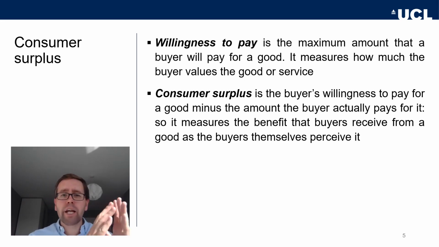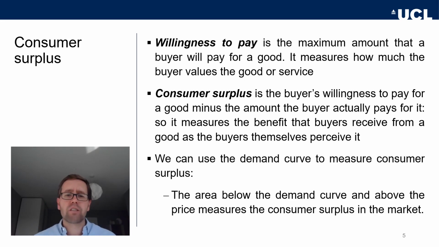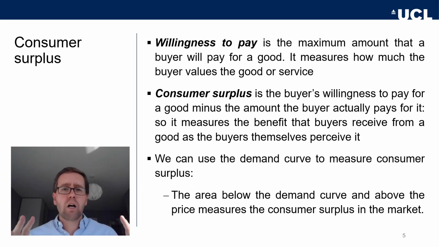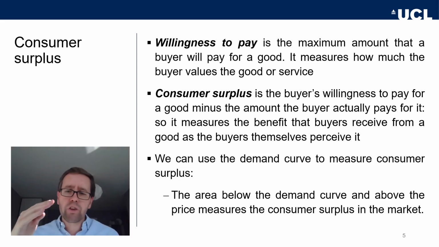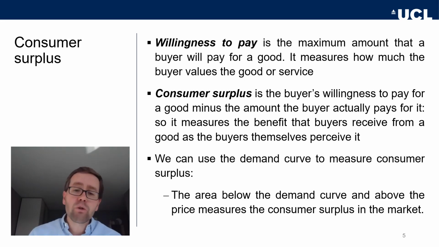And if we aggregate all these individual gains, we arrive at the concept of consumer surplus, and it measures the total amount that people gain from the comparison between what they would be willing to pay for a good and the market price. So we can use the demand curve to measure consumer surplus.